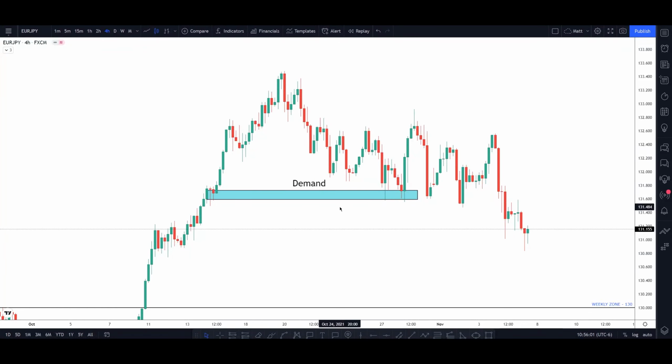And so this would be an example of a demand zone, and we can see that price action pushed to the upside, it accumulated a little bit, and then that's where we had a strong reaction with very little to no retracements, meaning that there was an abundance of demand sitting in this region.